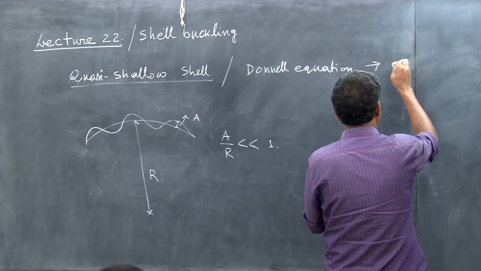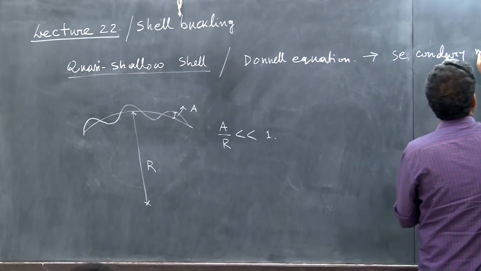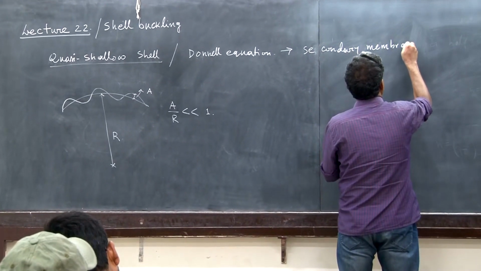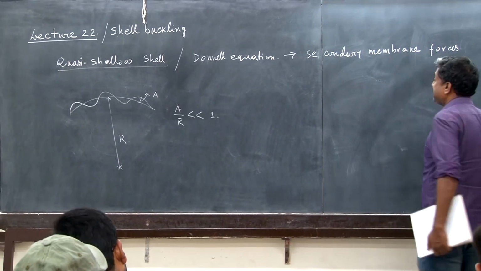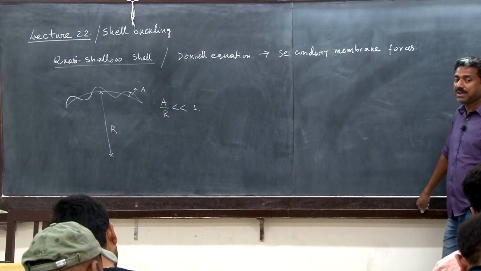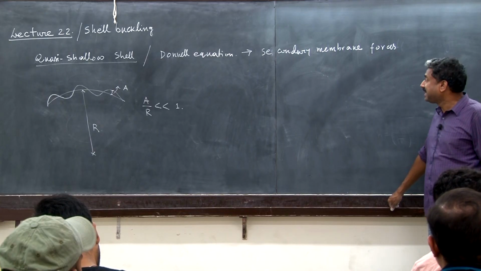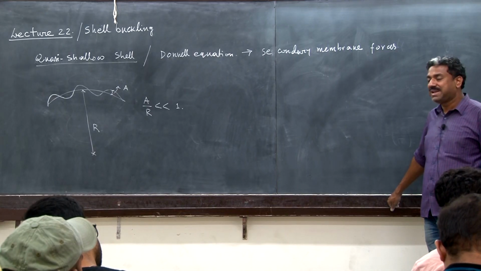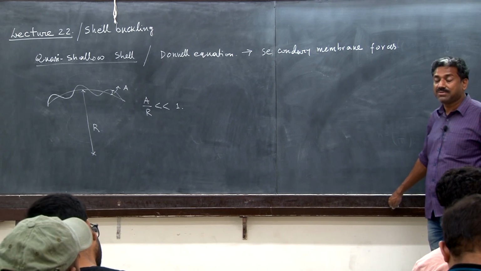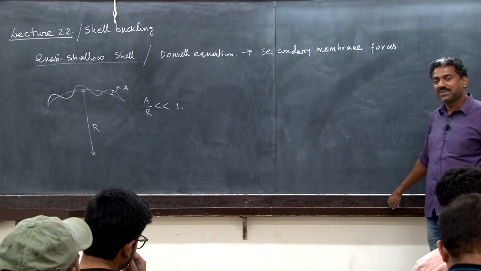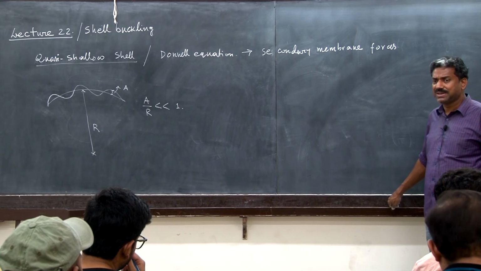So here you please see the secondary membrane forces. What is secondary membrane? Why this secondary? Why not primary? What are primary membrane forces? By now you understand that. Secondary means, initially the plate is subjected to some axial force, right? And we assume that to be constant, and we find out the critical value of that. So that we refer to as primary forces in the pre-critical regime or even on the verge of buckling, right?